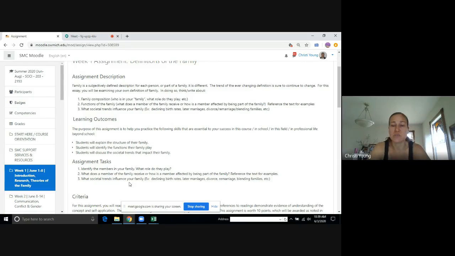If we were in class, what I would have you guys do is write your own definition of family on a piece of paper. And then I would have you group up with one person and compare and share and talk about what the similarities and differences are of your family. If we had the normal situation, then I would group you into a bigger group.